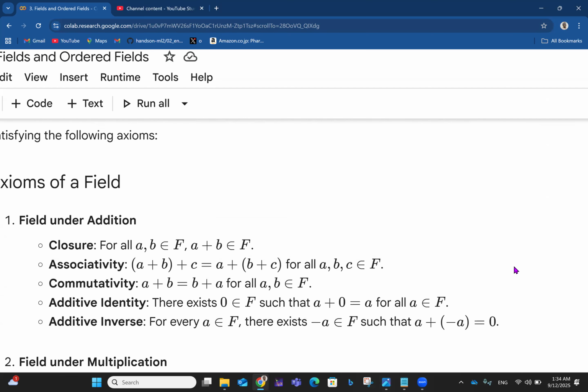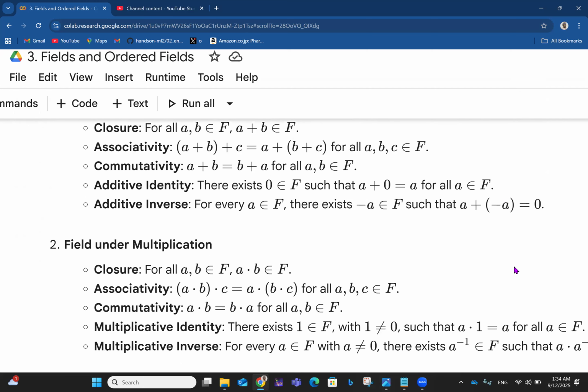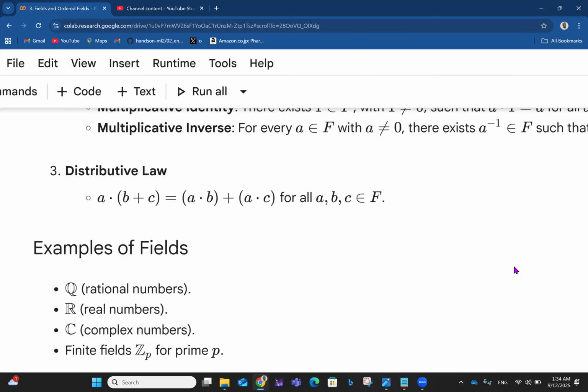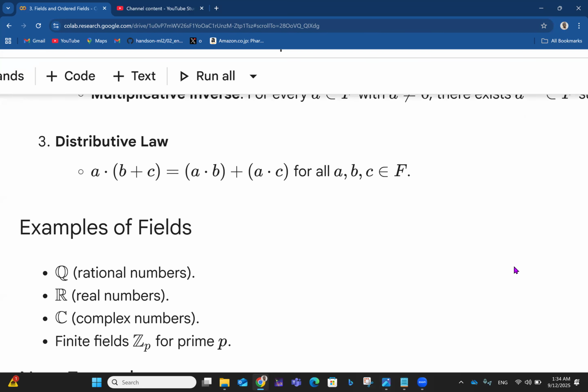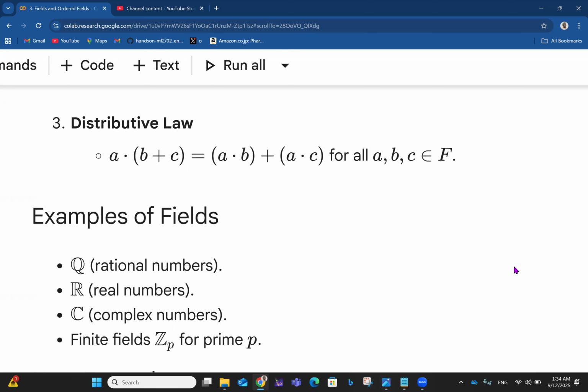So apart from that, we have these axioms under each operation. We have closure, associativity, commutativity, identity, and inverse. And then apart from that, we have the distributive law. You see here that multiplication distributes over addition, but addition does not distribute over multiplication.